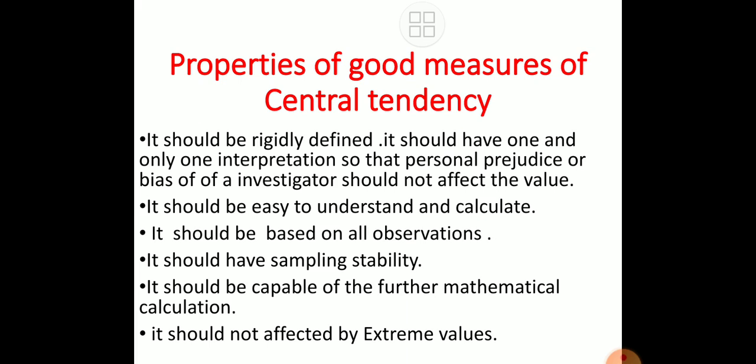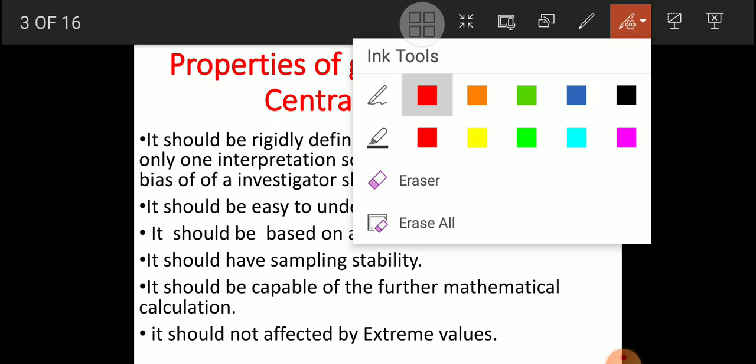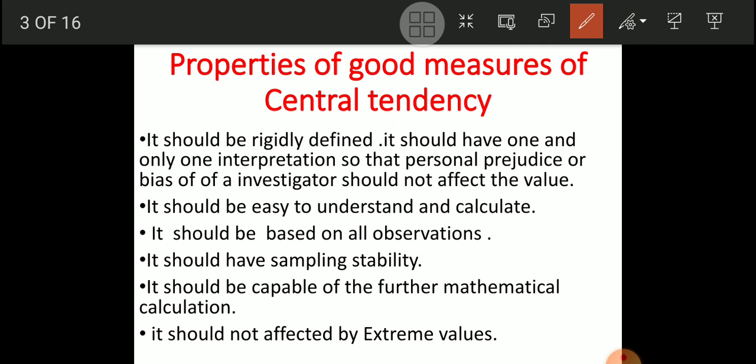Now, what are the properties of a good measure of central tendency that we have to learn here? First, the most important property is that the measure of central tendency is rigidly defined.